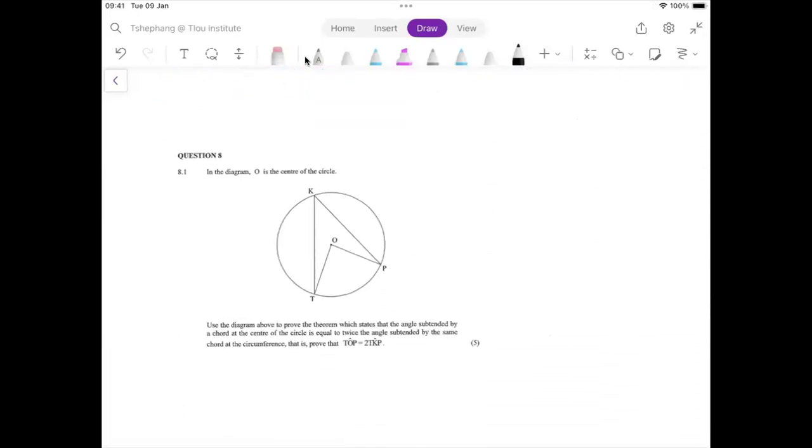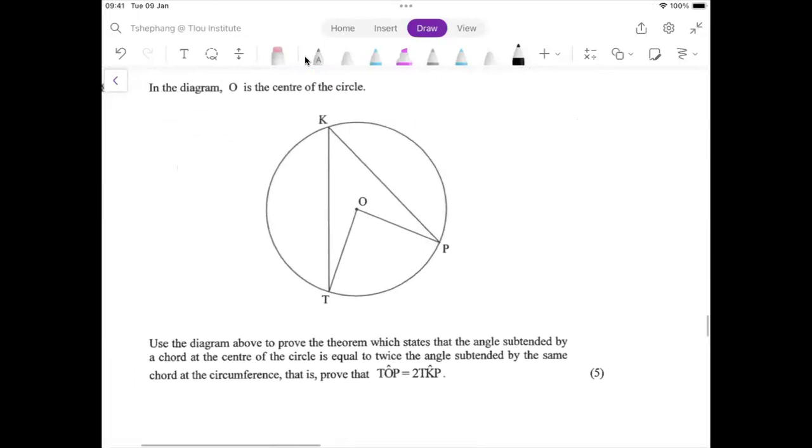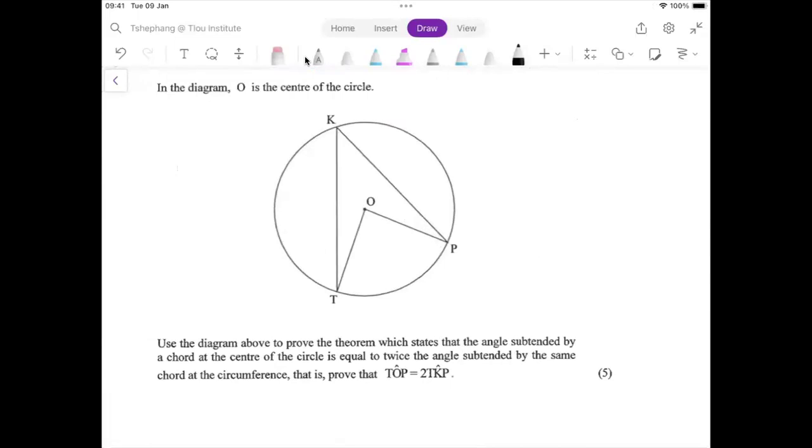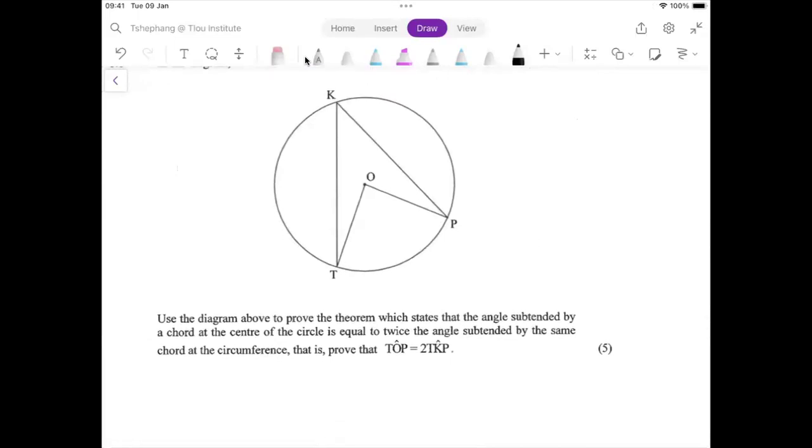Now, as I was saying here, the first thing that we need to do is construct. You have to draw KO produced, so that it just goes over, so that at least we have a few angles.